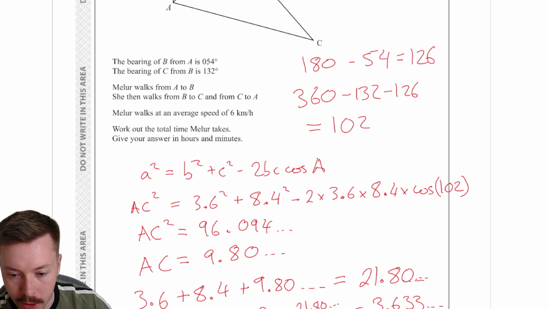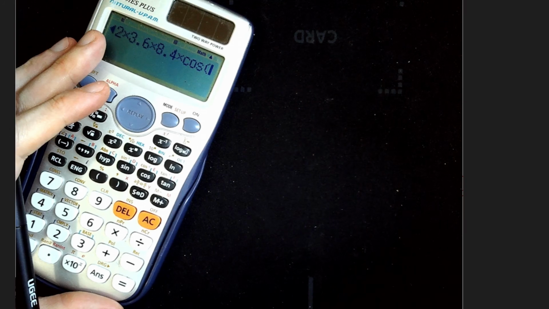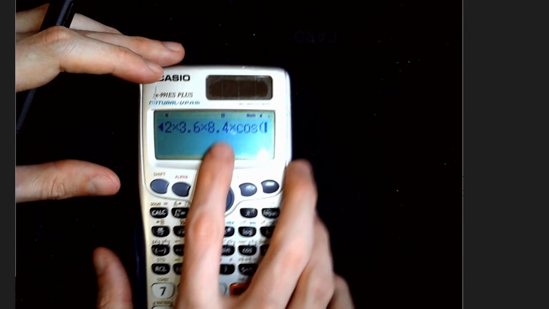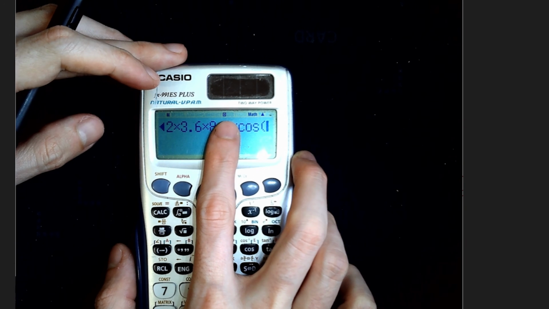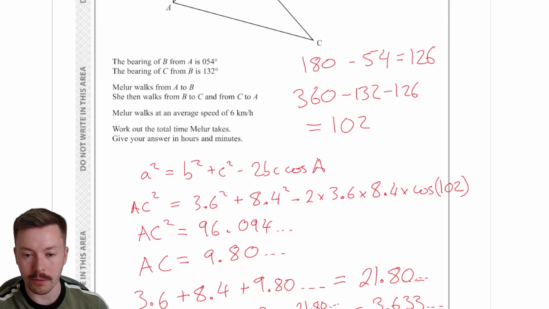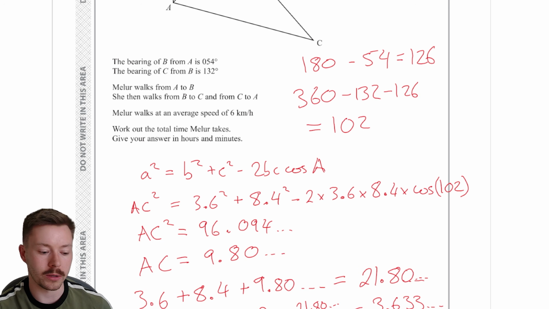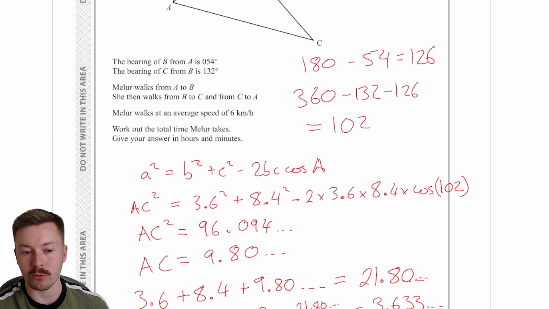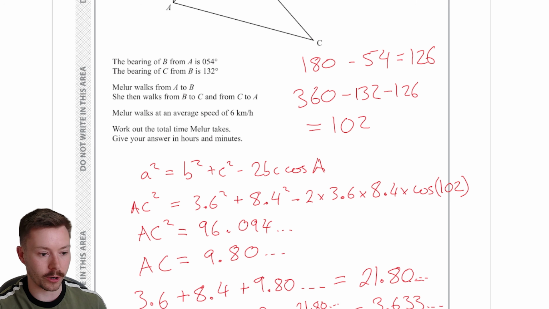If that is an R or even a G, then you are using a different angle unit, and it won't give you the correct answer for cos 102. So just double check that. Yeah, I got 96.094, which is what I got before. Square root the answer. Yeah.